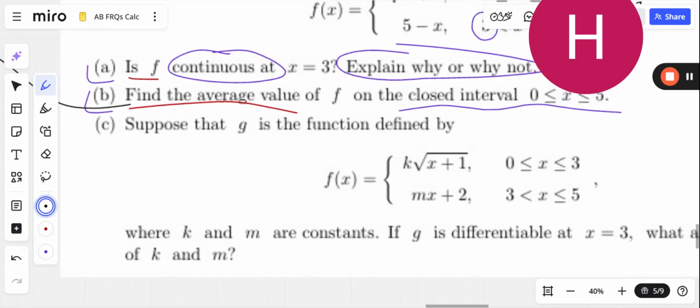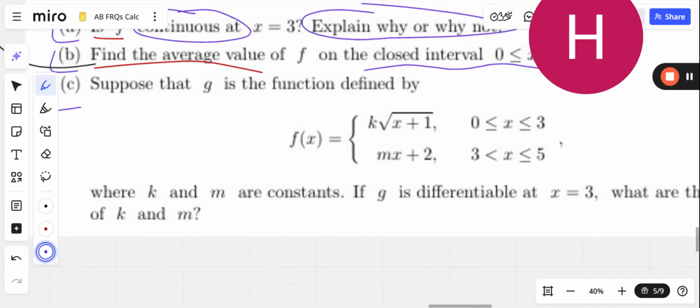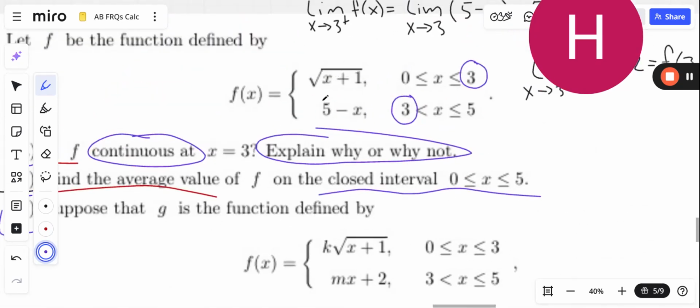Part C. Let's look at part C. Final part of this final problem, but this will be a little bit labor intensive. Suppose that g is a function very similarly defined, but not exactly the same. It's some multiple k times the square root of x plus 1, so that's like this thing, but multiplied by some k.